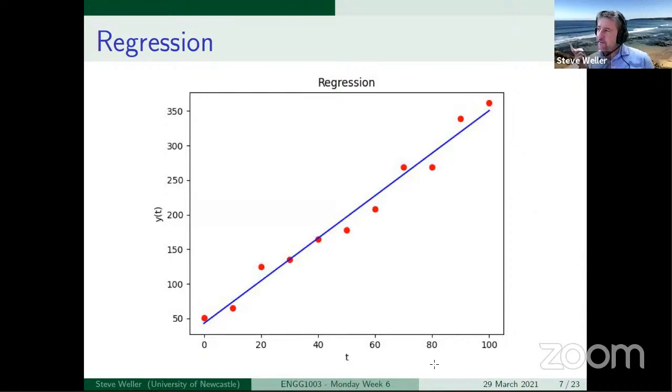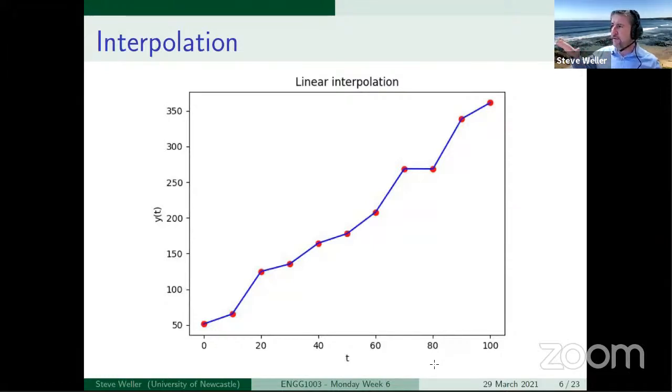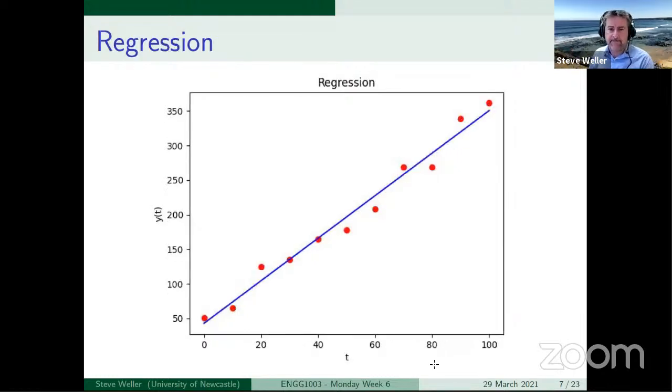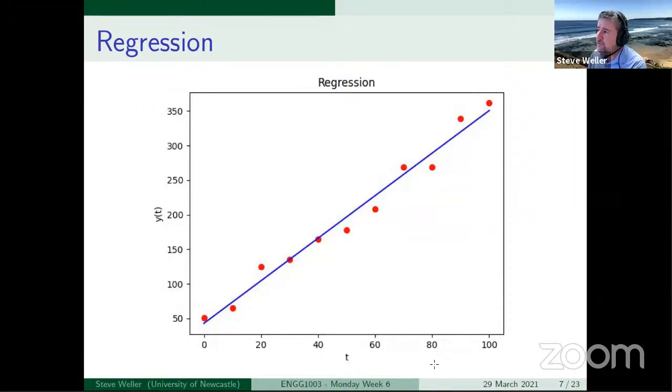With regression, we fit a line. Sometimes you'll hear people say, oh, I fitted a straight line to the data. Quite different from linear interpolation, which joins the dots with straight lines, so that the overall blue line has these kinks in it. Regression actually fits a line to the red dots, and there's not even a constraint that the line passes through any of the dots.